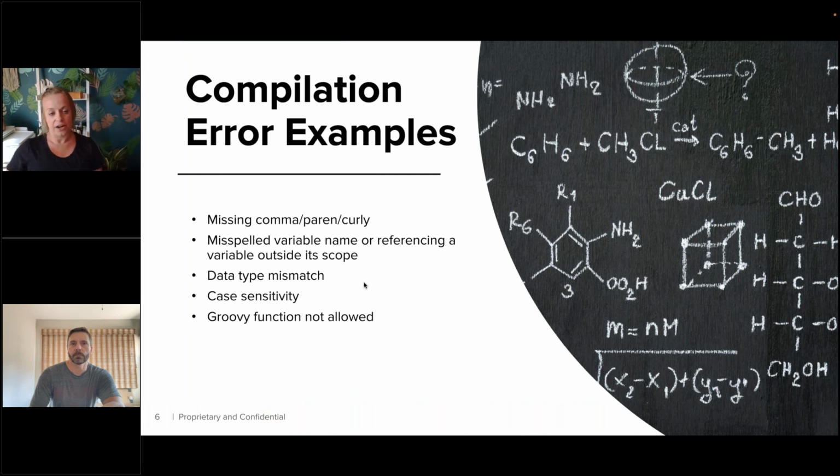To get started here, the two main types of application errors are going to be classified under compilation or runtime errors. So in this first list here, we have the compilation errors.